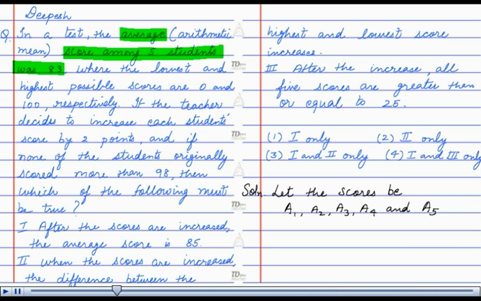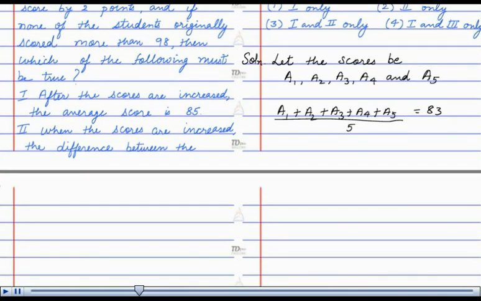Then since their arithmetic mean is 83, A1 plus A2 plus A3 plus A4 plus A5 whole upon 5 is equal to 83, which gives A1 plus A2 plus A3 plus A4 plus A5 equal to 83 into 5, which is equal to 415.